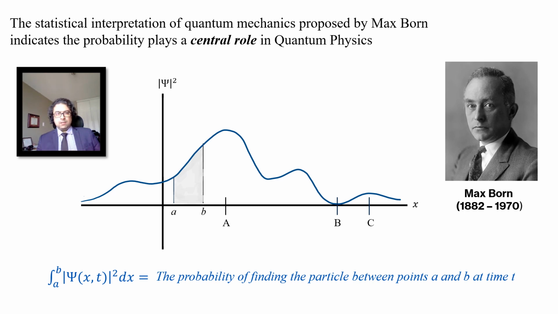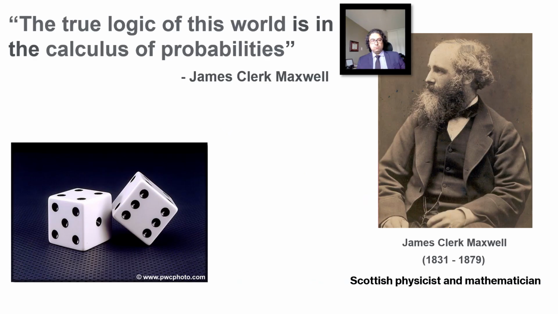Now, because of this, we have to learn a little bit about the probability theory, and I would like to start with a quote from the Scottish mathematician and physicist James Clerk Maxwell. He famously mentions that the true logic of this world is in the calculus of probabilities. If you think about this carefully, you would realize that it does actually make sense.